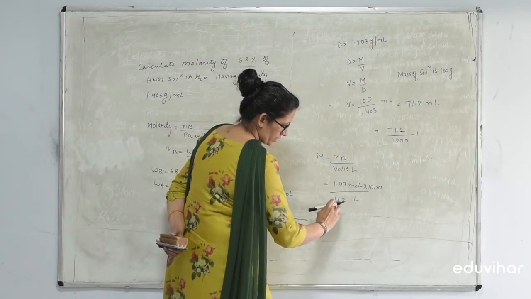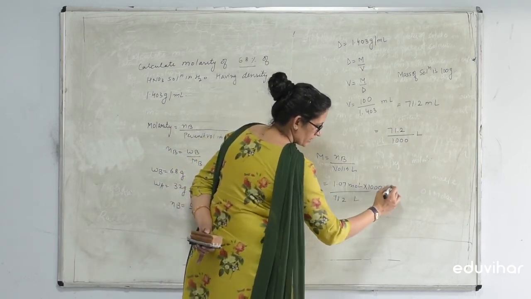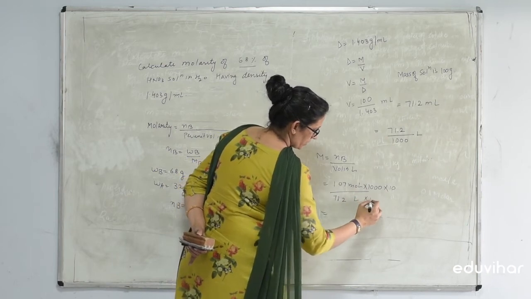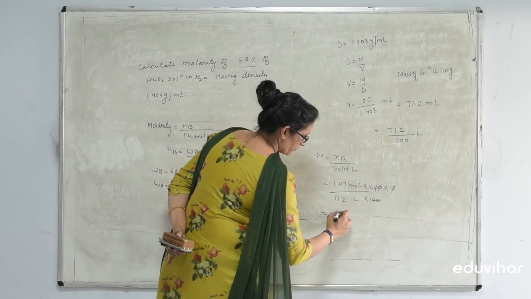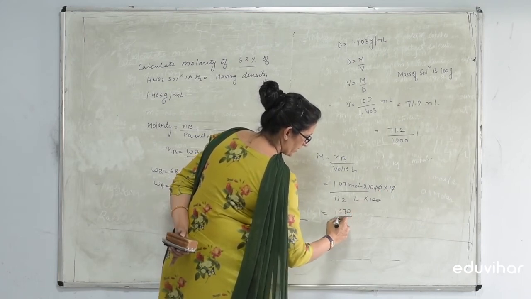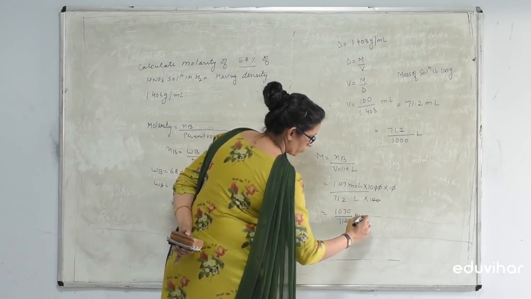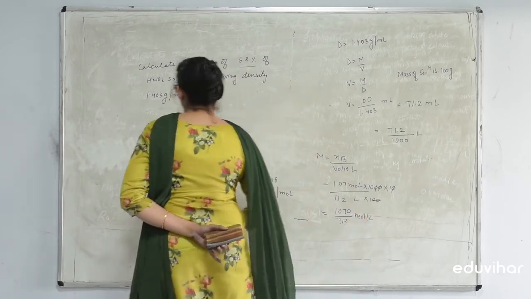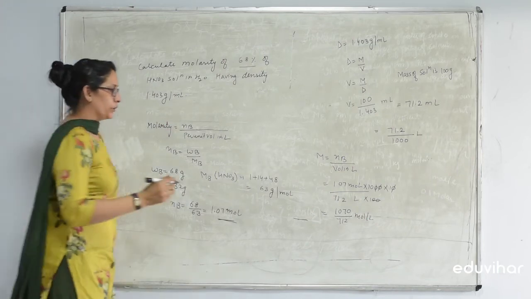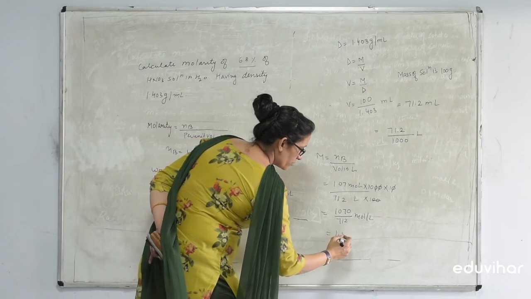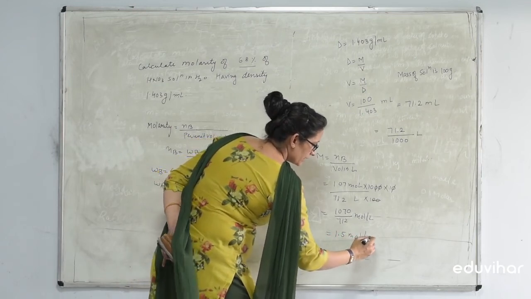To remove the point, we multiply by 10, and again by 100; the 1000 is cancelled out. 1070 divided by 712, that is mole per liter. Try to calculate this. It becomes 1.5 mole per liter.